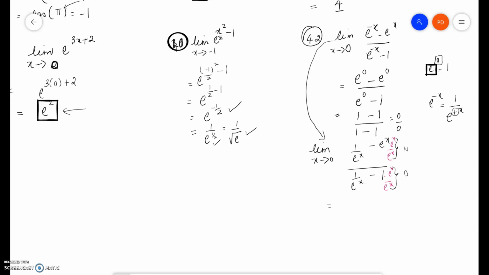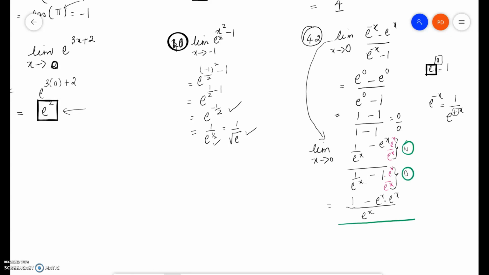So the numerator is 1 minus e to the x times e to the x, all over e to the x. We're done with our numerator.